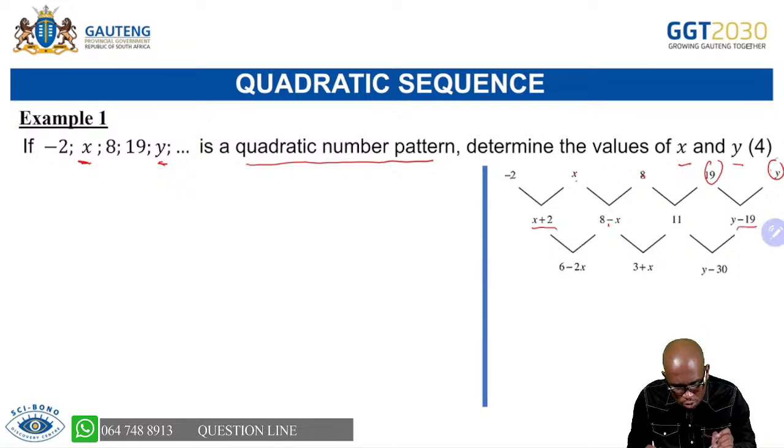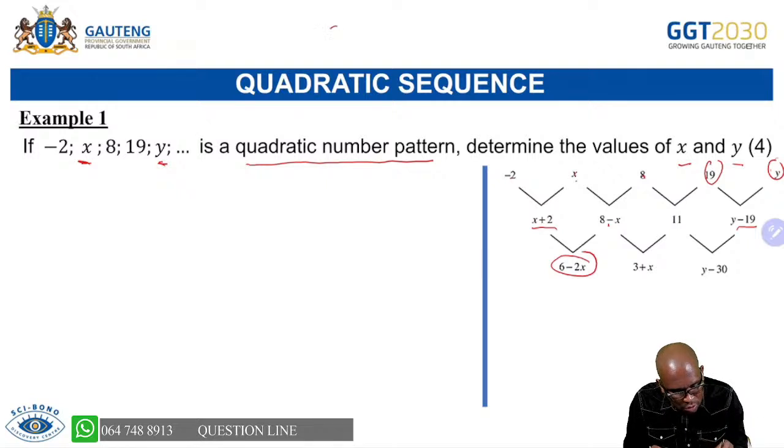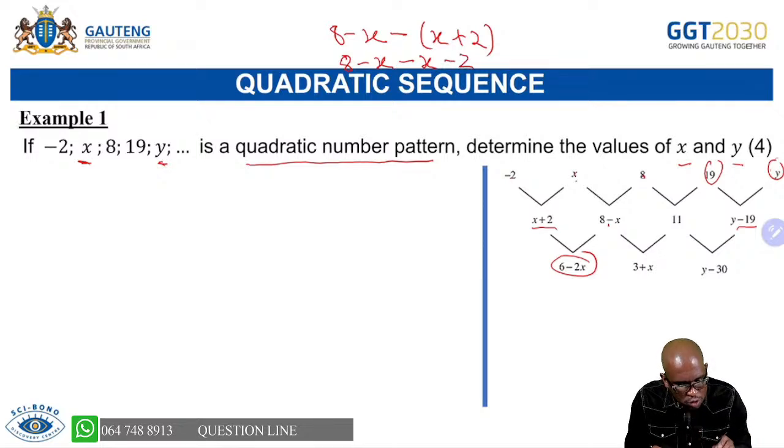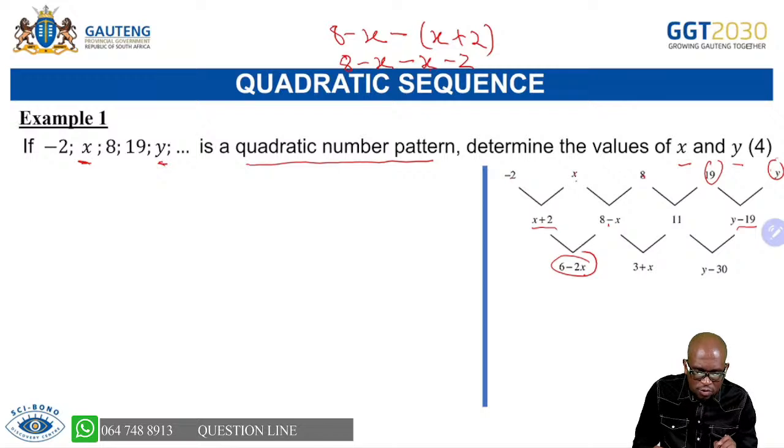Now to work out the second differences, how do we obtain this one? We say 8 minus x minus (x plus 2). So this would give us 8 minus x minus 2, so negative x minus x gives us negative 2x, and 8 minus 2 gives us 6. That's how we got to that one.